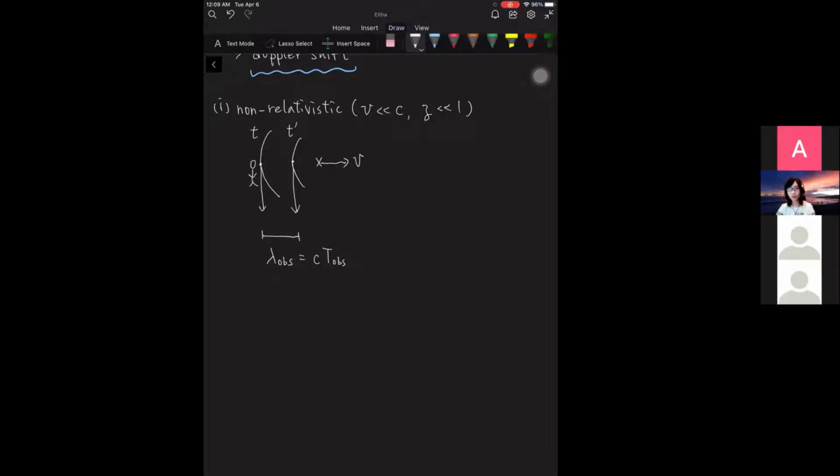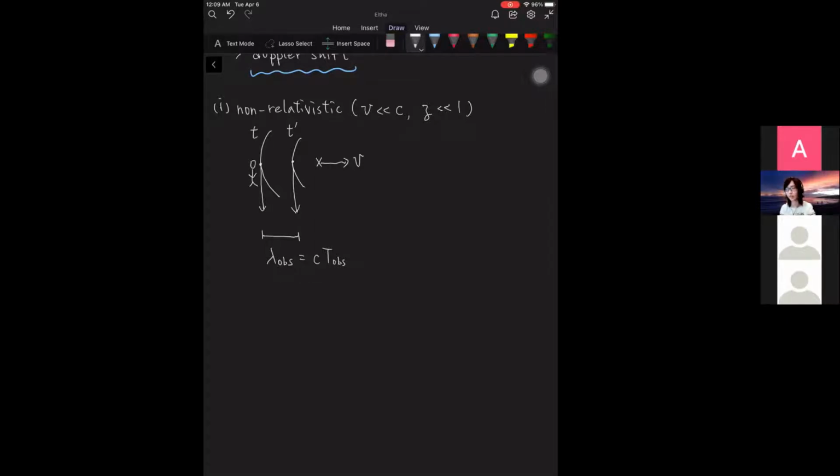Okay, so the thing is, since this wave is moving away from us, the observed wavelength should be larger than the emitted wavelength, right?